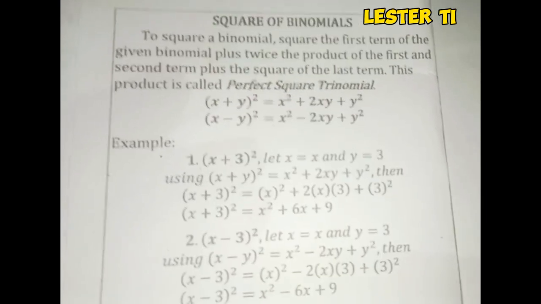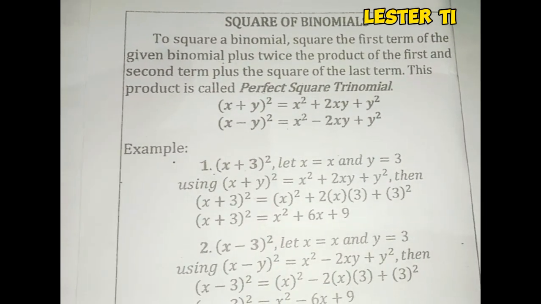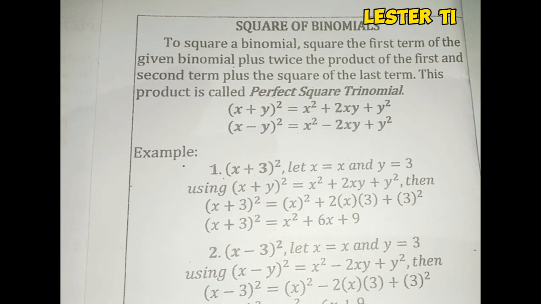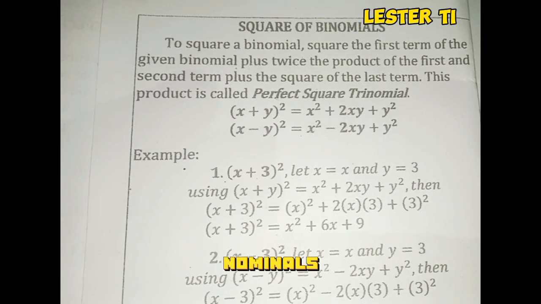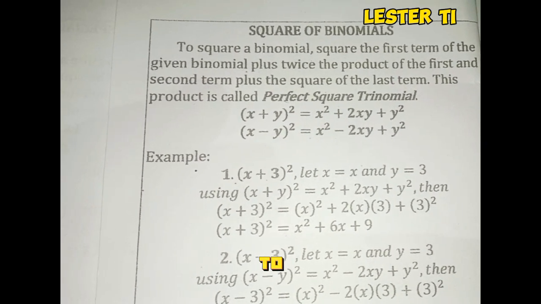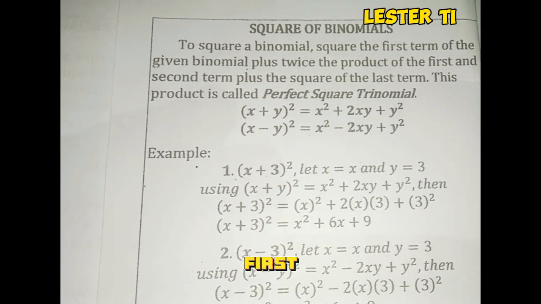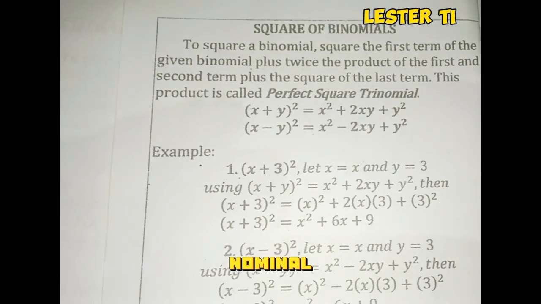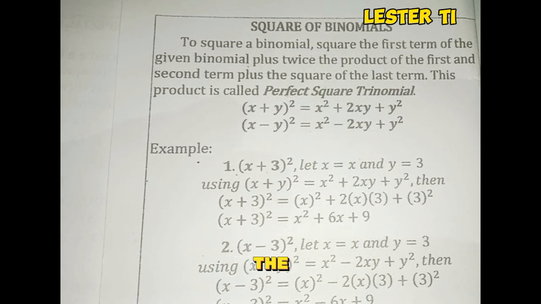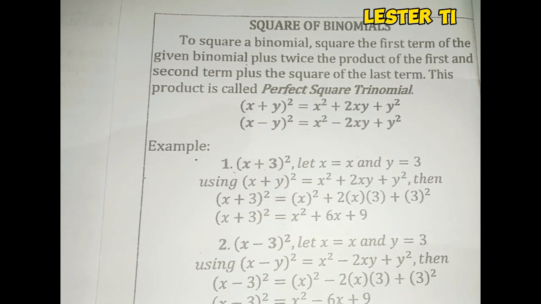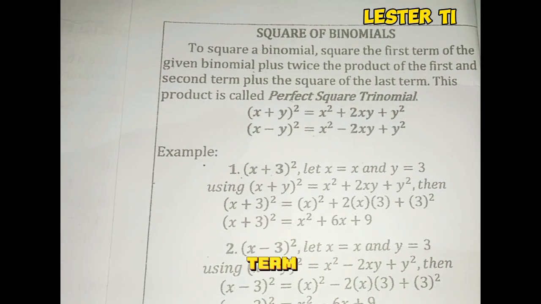Okay, square of binomials, again. To do that, square the first term in the given binomial, plus twice the product of the first and the last term, then finally square the last term.